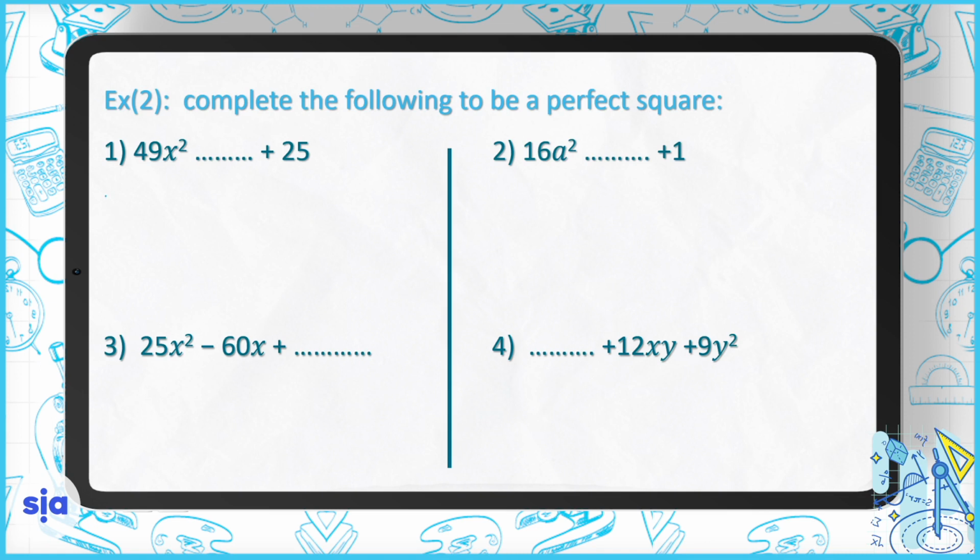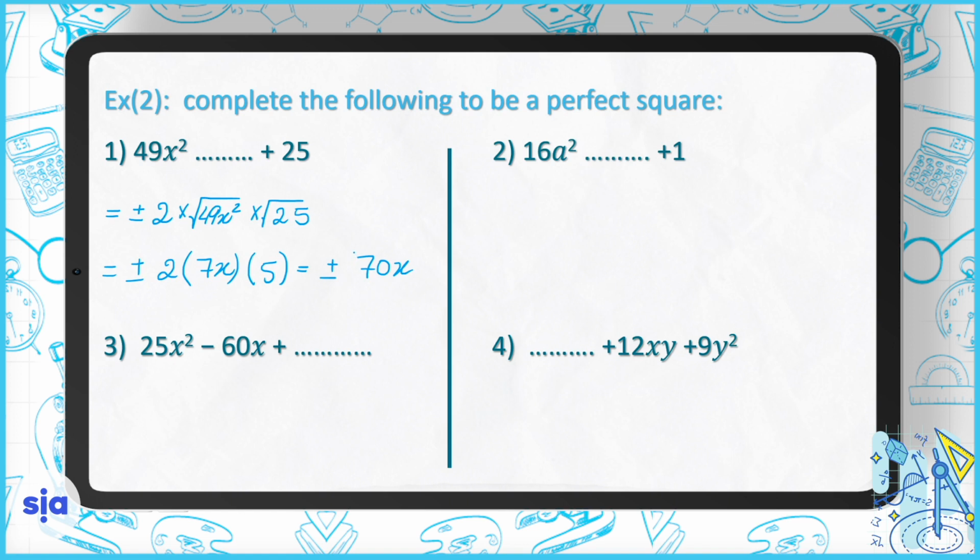To find the middle term, it is positive or negative 2 times the square root of the first term times the square root of the third term. So it's positive or negative 2 times 7x times 5. If you do your calculations, the middle term will be either positive or negative 70x.